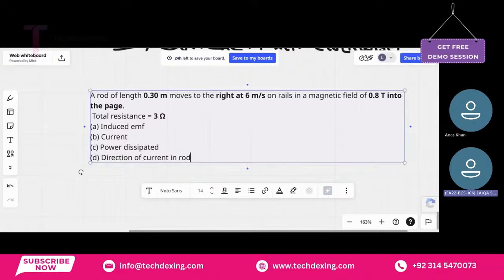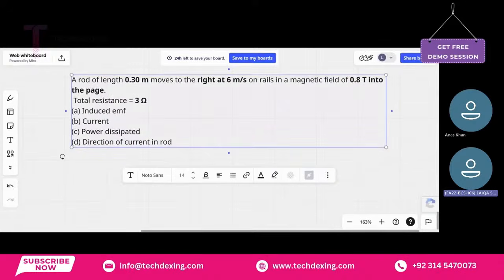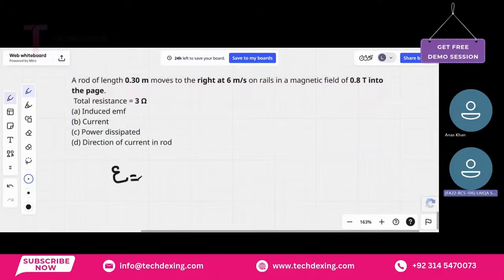Using the information that is given, we have to first find the induced EMF. So which formula of the induced EMF will we use? We know that we have two formulas to find the induced EMF. The first one is N times rate of change of flux.